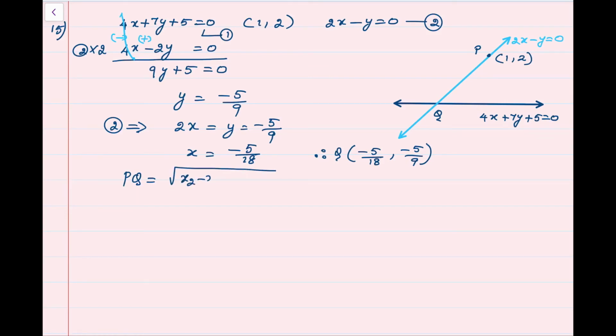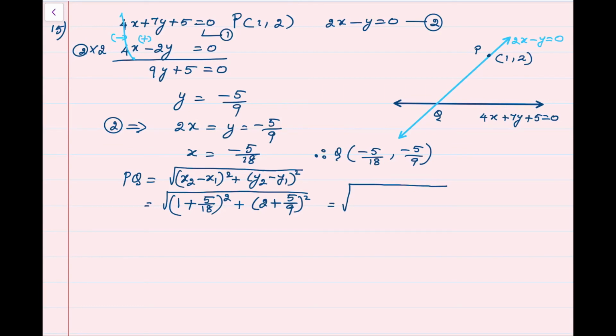Square root of (x2 - x1) the whole square plus (y2 - y1) the whole square. P point is (1, 2). 1 minus of minus becomes plus 5/18 the whole square, plus 2 minus of minus, plus 5/9 the whole square.